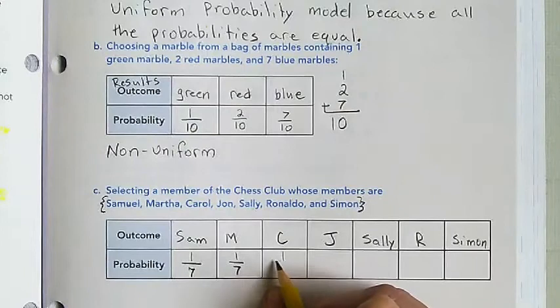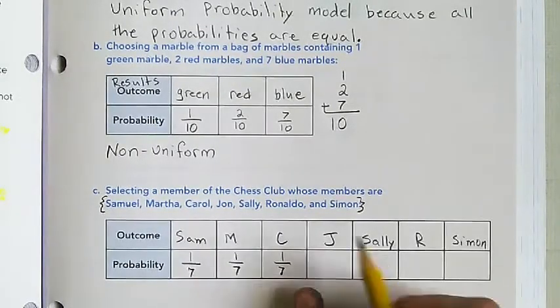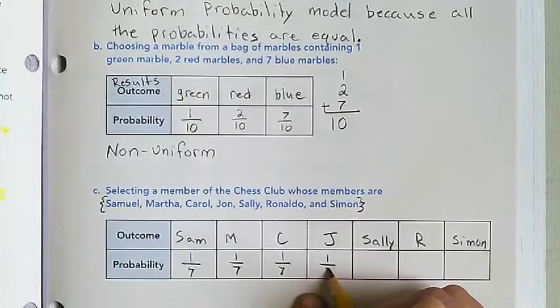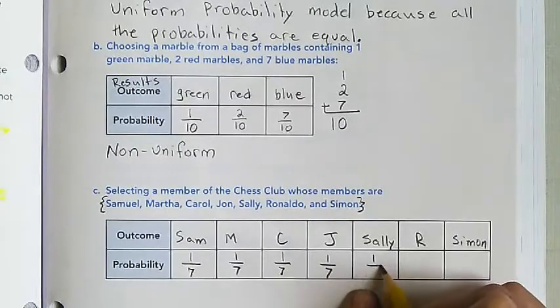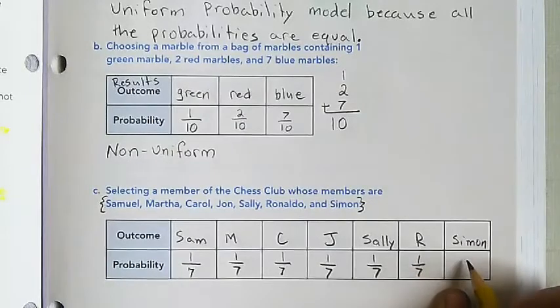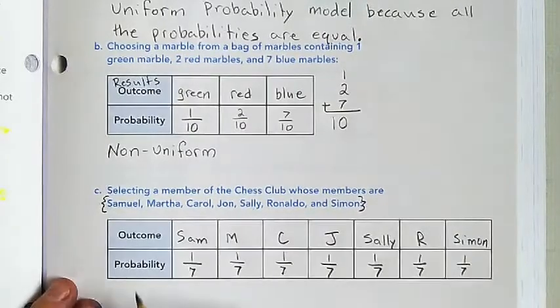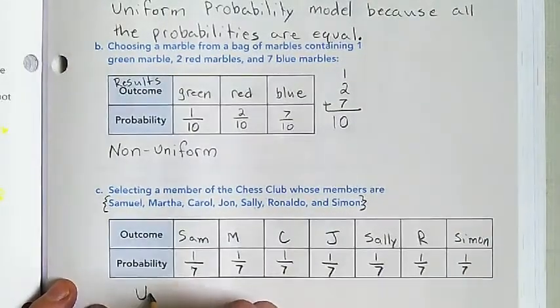Carol or Carl? John, Sally, Ronaldo, Simon. They're all uniform. Yeah, they are. And this is uniform because they are all the same. Great job.